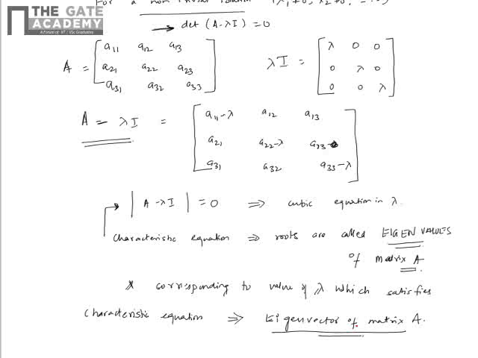Now here one important thing to note is that, if A happens to be a square matrix, for every value of lambda, that is for every eigenvalue, when you solve for x, it gives the eigenvectors.